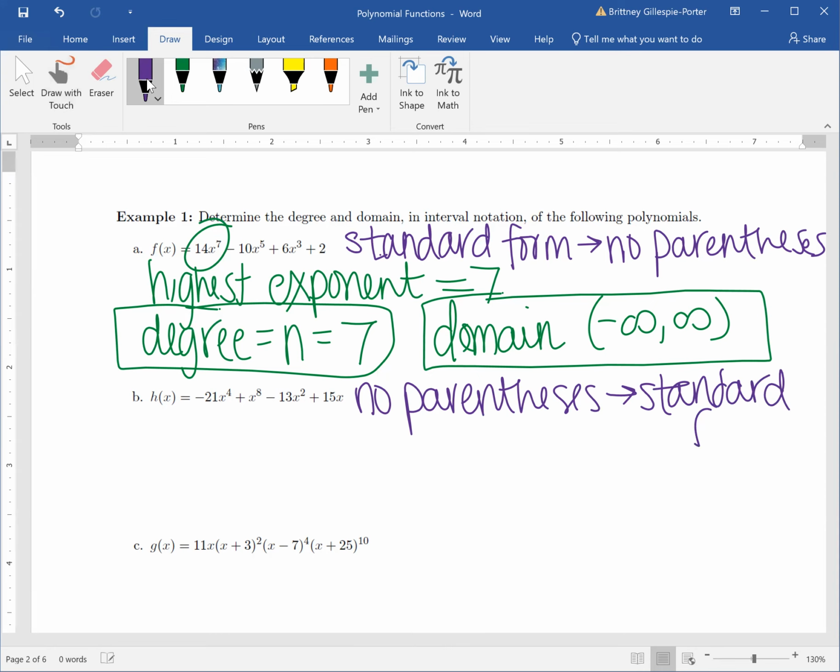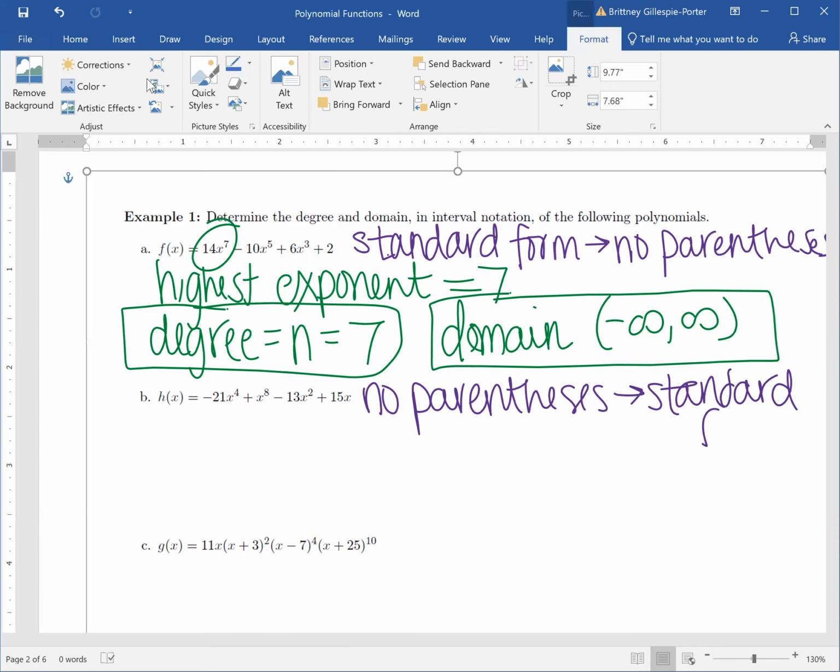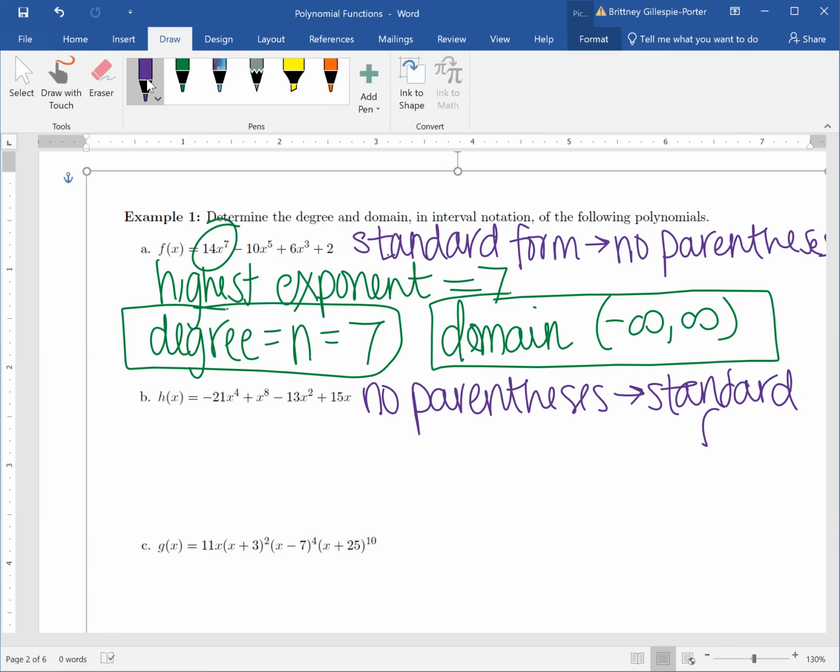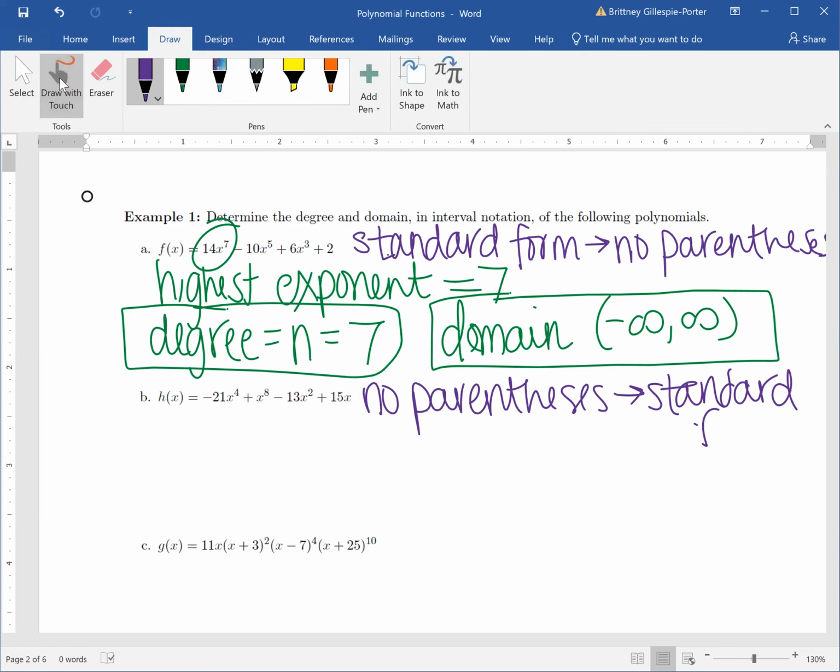In our last example, our standard form was already in descending order, and we could use the very first term. But here, notice that our biggest exponent is actually our second term.